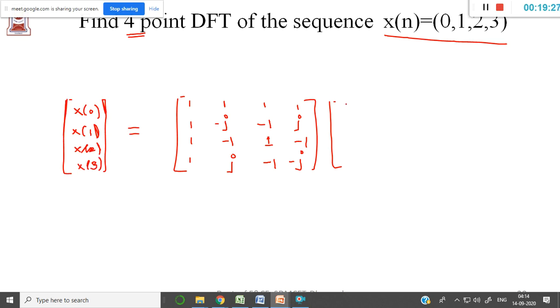Guys, try to solve this example quickly. X of n: the first value is 0, the second value is 1, the third value is 2 and the fourth value is 3. Just do the matrix multiplication and obtain the values.